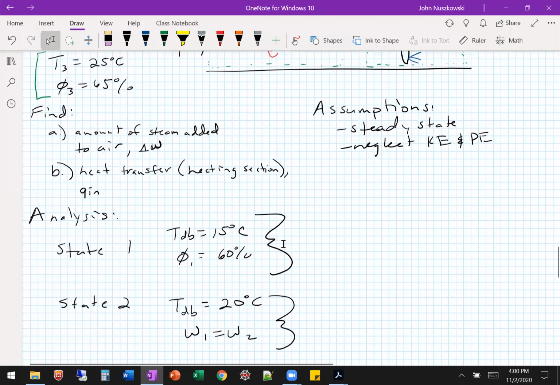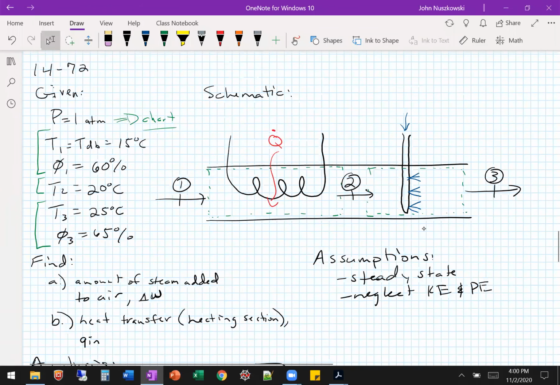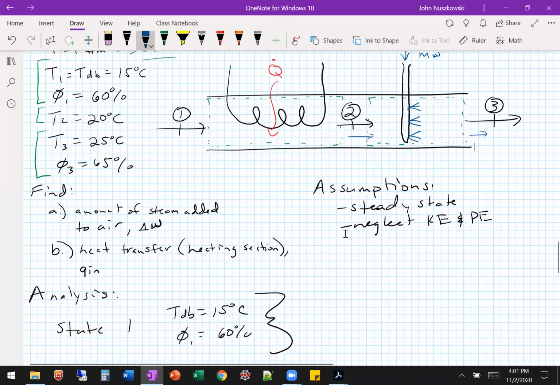For the water vapor conservation of mass, we have water vapor coming in at 2 because it's moist air, so there's some water vapor there. But now we also have water entering our boundary from the spray, crossing our boundary, and then all of it exits at 3.